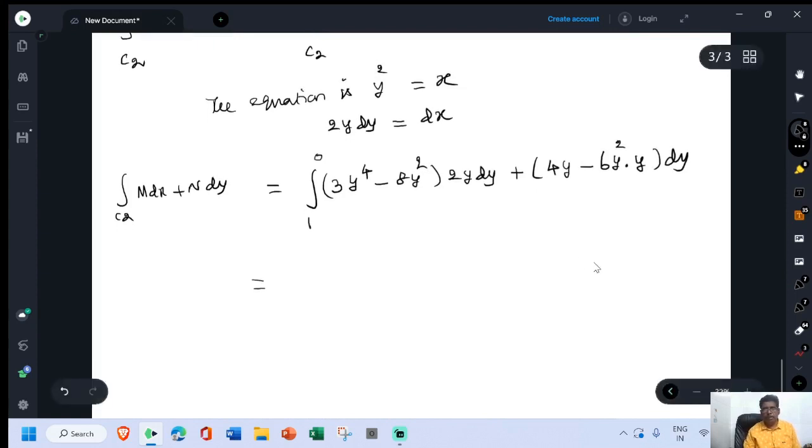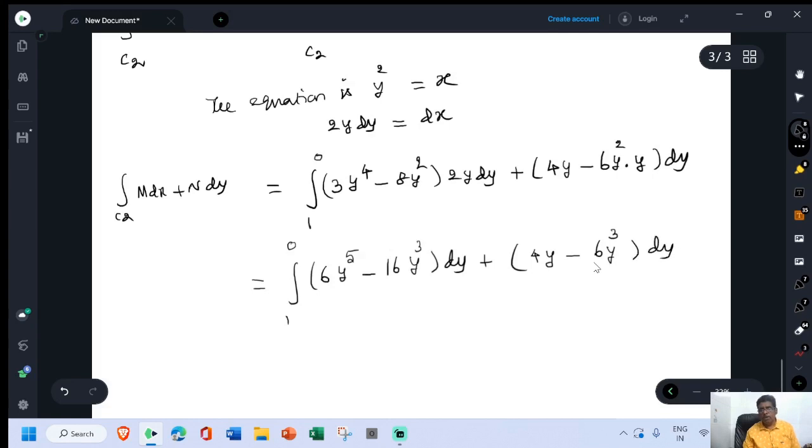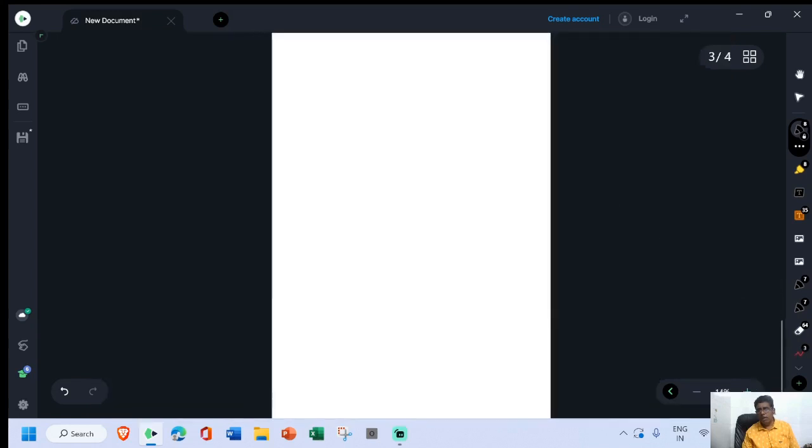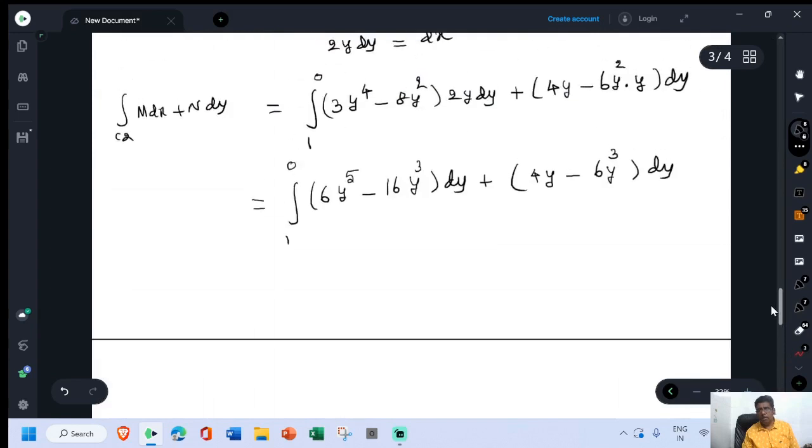This is equal to integral 1 to 0, multiply 3 into 2, 6 y power 5, y power 4 into y, 3 into 2 is 6, minus 8 into 2 is 16 y cube into dy plus 4y minus 6 y cube into dy. Now simplify.